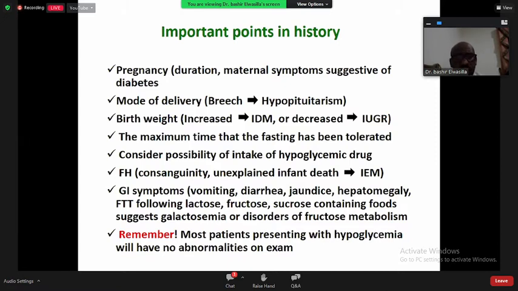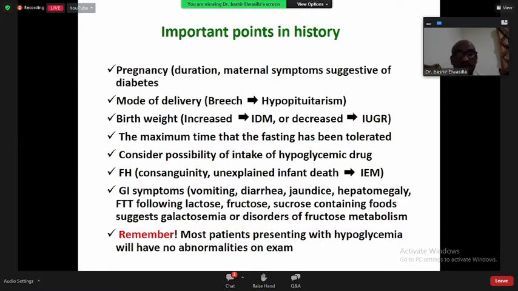Also, in family history, you have to ask about consanguinity and unexplained infant death, so as to think about inborn errors of metabolism. Also, ask about gastrointestinal symptoms like vomiting, diarrhea, jaundice, hepatomegaly, and failure to thrive. Usually, this will come following lactose, fructose, and sucrose-containing foods.